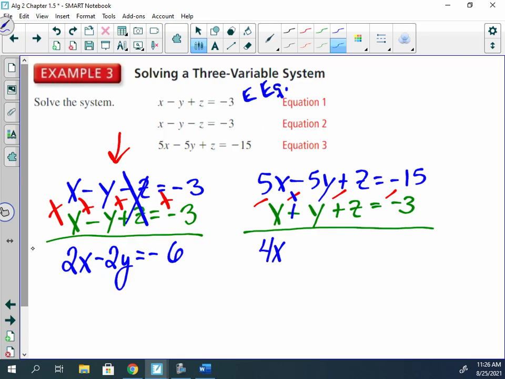So this here would be minus 4y. And z plus negative z is 0. Negative, negative make a positive. So negative 15 plus 3 would be negative 12.